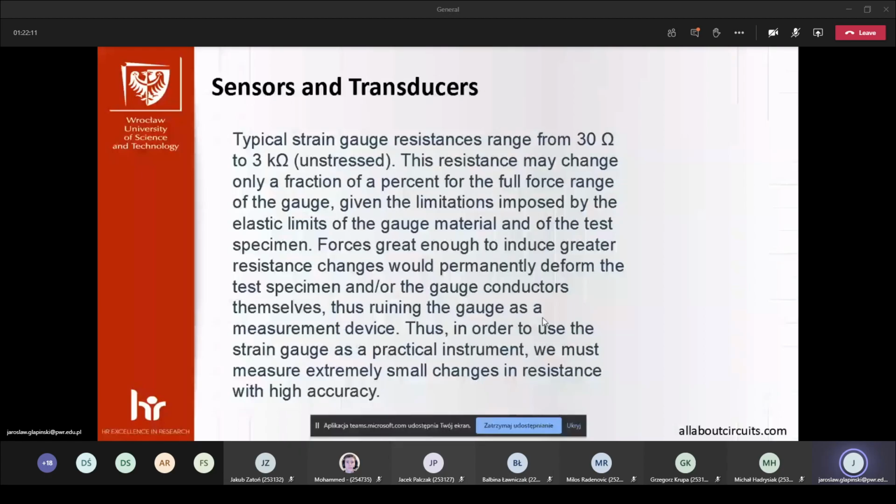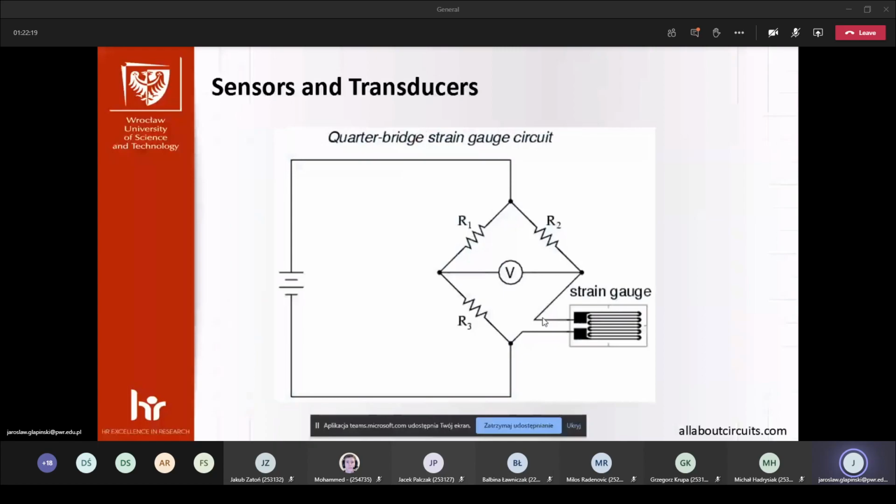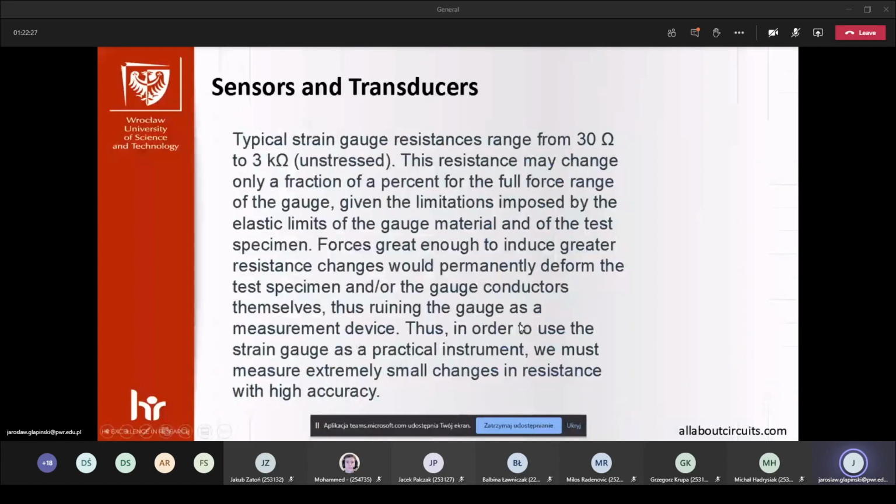What is the problem of measurements with the strain gauge? Of course, we can use a typical Wheatstone bridge where we add a strain gauge as one of the resistors. Typically, the strain gauge ranges from 30 ohms to 1 kilo ohm. And as I said, it's more or less linear, but the resistance may change by a factor of a percent of the full force range of the gauge, given the limitation imposed by the elastic element.